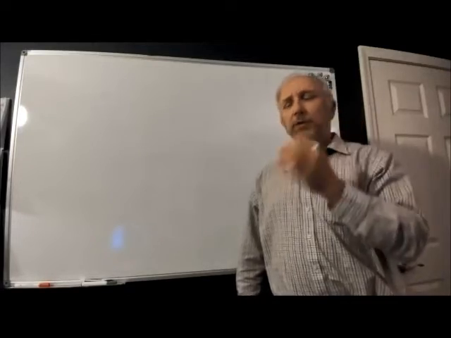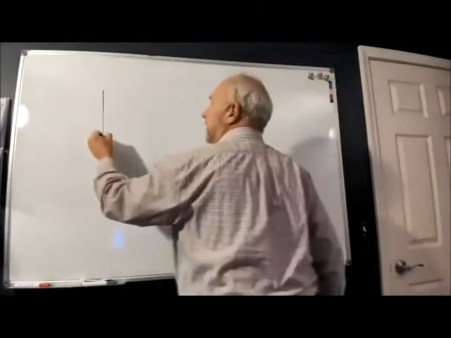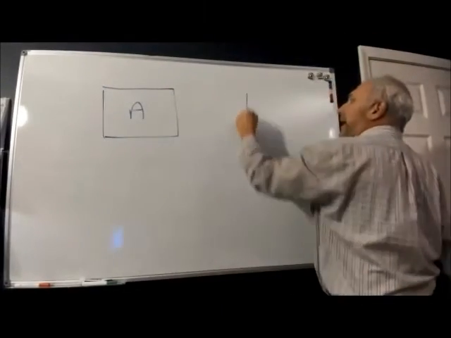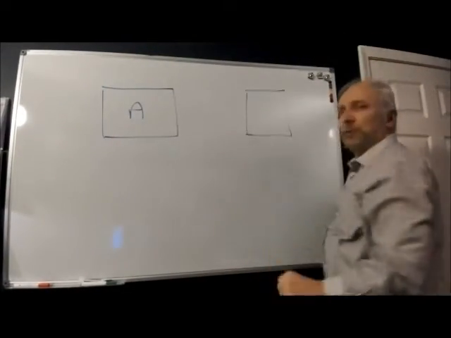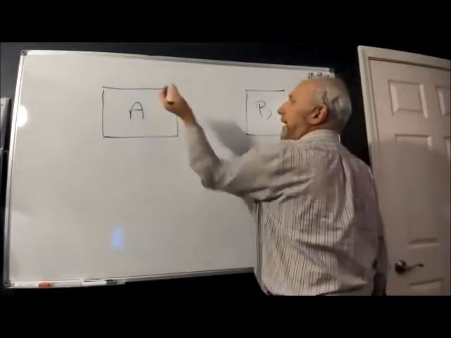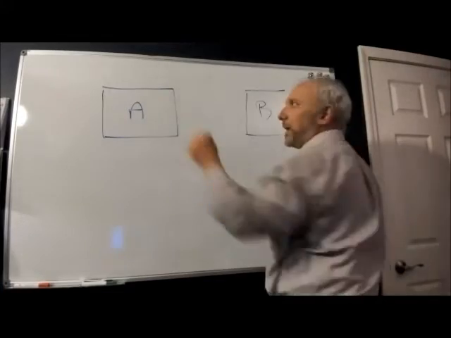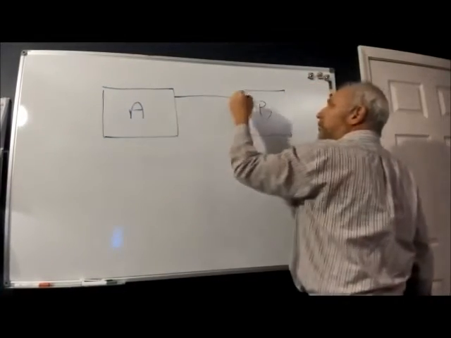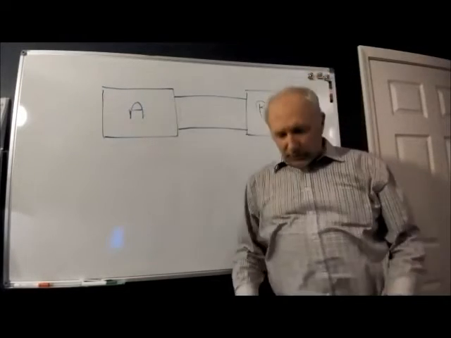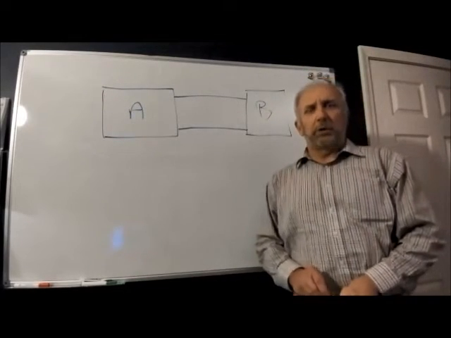So let's take a look at a schematic. Assume we have device A and device B on our schematic, maybe a source and a load, with a conductor going from this point to this point and another conductor going from this point to this point. What does that schematic tell you about the real world?